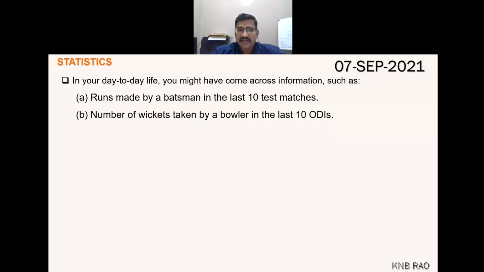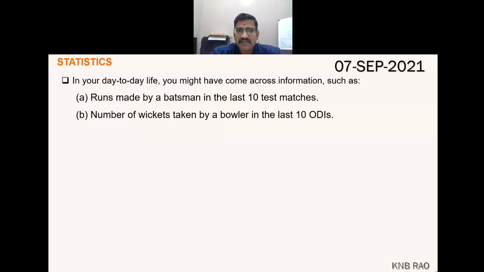Then the number of wickets taken by a bowler in the last 10 test matches or ODIs gives one sort of confidence. When can we allow him to bowl? Will we give him as an opening bowler? Are we going to use him in the middle order, or to bowl to the strong batsmen?